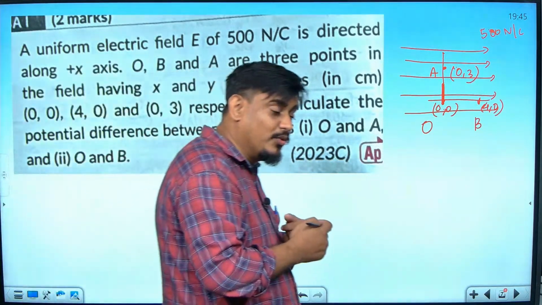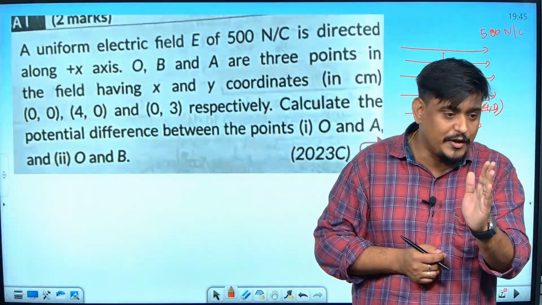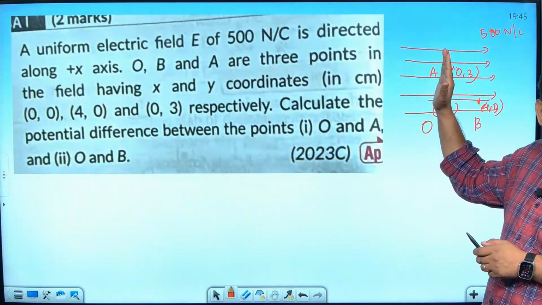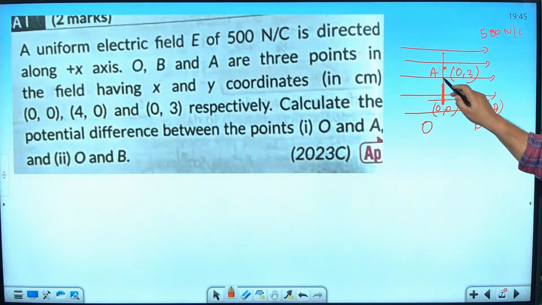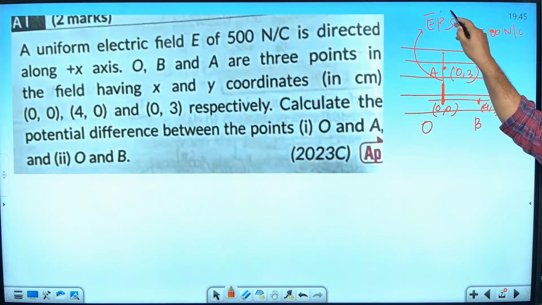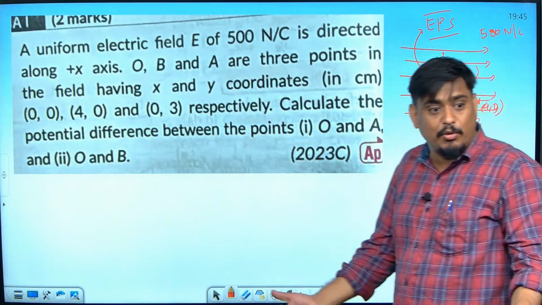I have told you, electric potential is always perpendicular to electric field. So, can you see this line is perpendicular to electric field? It must be an equipotential surface. And if so, point O and point A will have same potential.